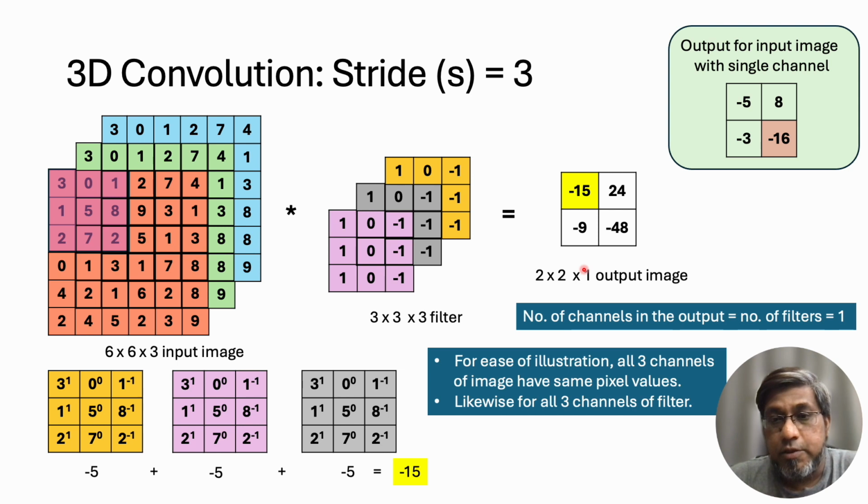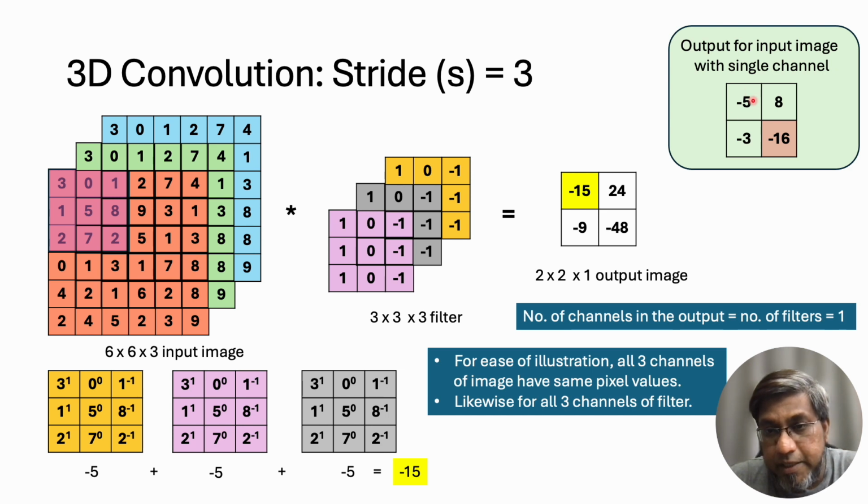So if you recall from the previous case, for the stride of 3, we got the first pixel value as -5, the second pixel value as 8, the third pixel value as -3, and the fourth pixel value as -16. Now, since we have three channels, and since we have used the same pixel values for all the three channels and the same filter values for all the three channels of the filter as well, each of the channels will give an output of -5.